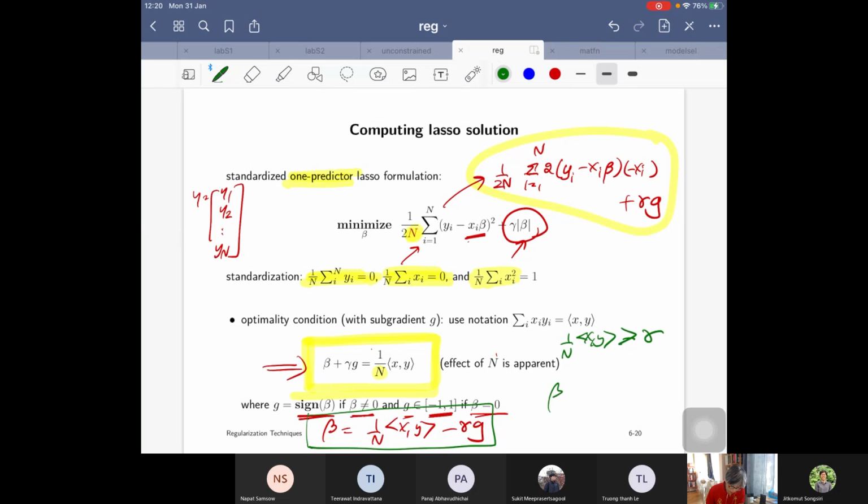Your beta can be 1 over n x inner product with y minus gamma, and that quantity would be non-zero, which means at that point your g becomes 1.